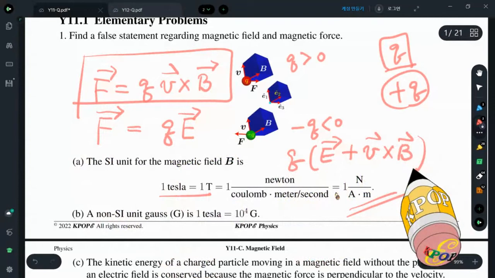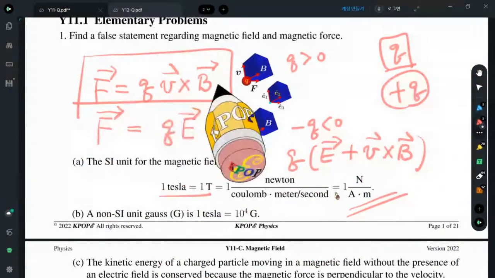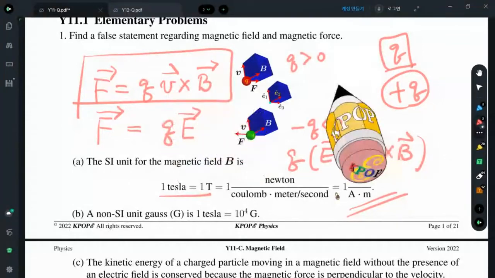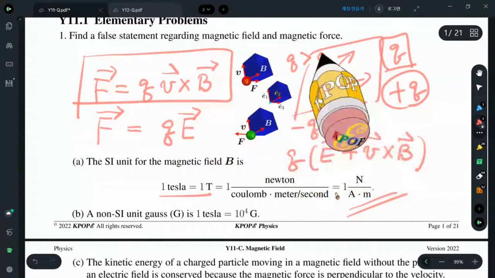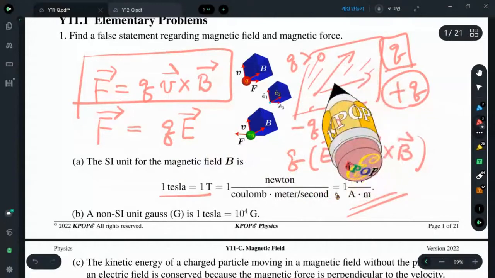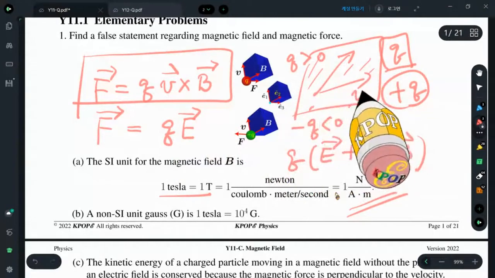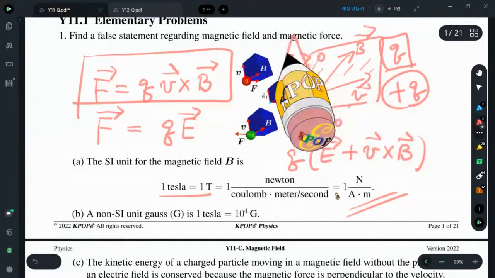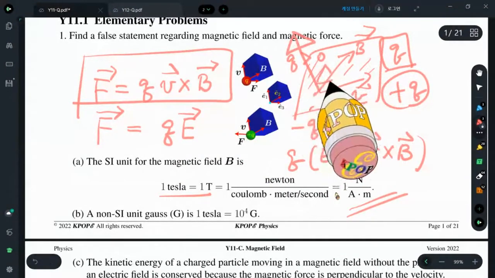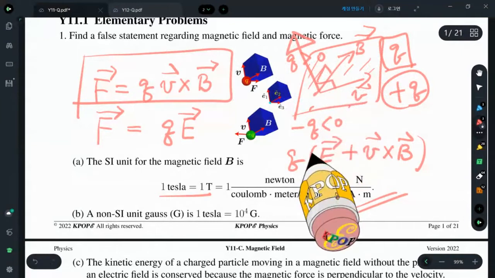And you have to remember how to compute the cross product. V and B are two vectors, and there is always a single plane on which both V and B are placed. And V cross B is perpendicular to both the vectors.